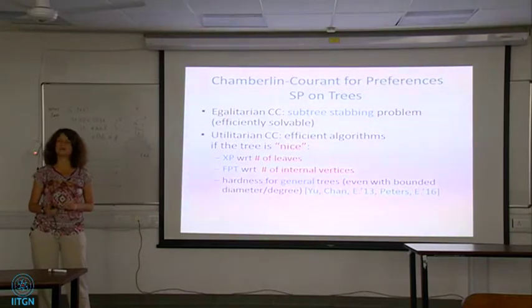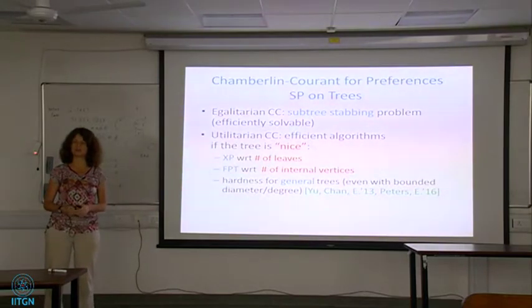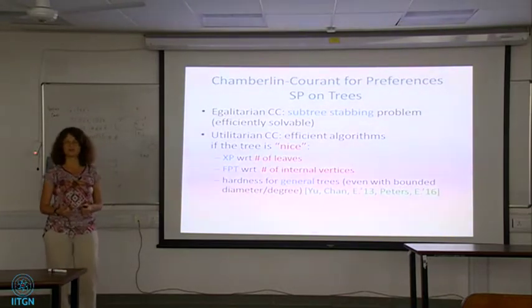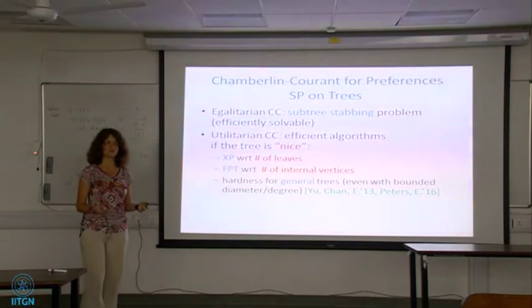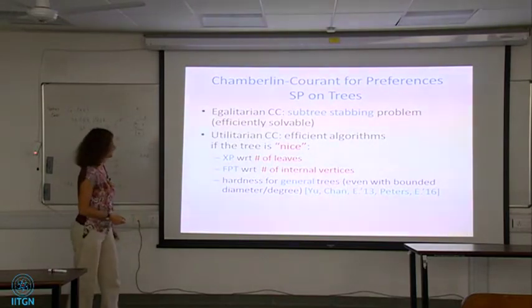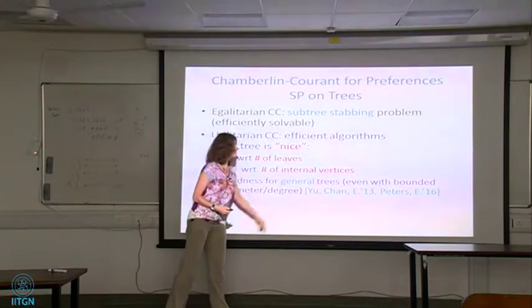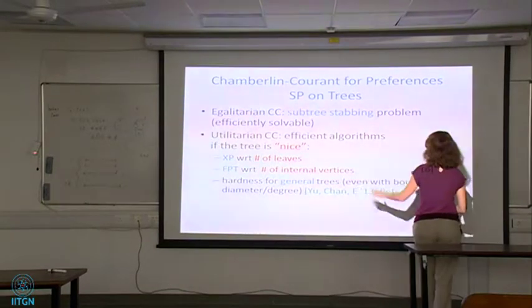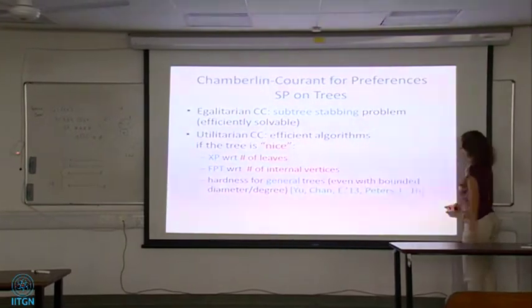So you need a tree, but not just any tree, you need a nice tree. And this is one reason why we're interested in constructing nice trees. One reason why we want an algorithm for constructing a tree with a small number of leaves in that paper, and we could have it. So that's the reason why we wanted to construct trees with other nice properties, such as a small number of internal vertices in this paper, and we can have it.